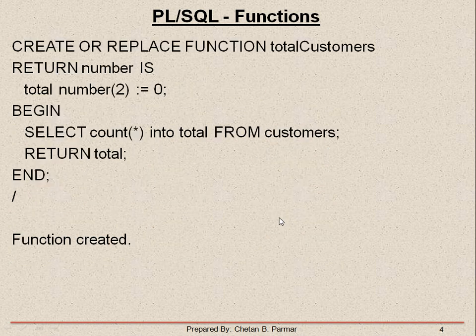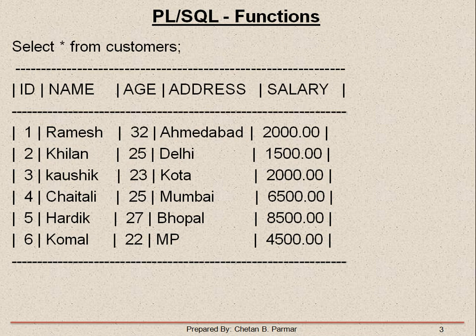Now I am creating a function which will return the total number of customers available in the table. The main aim of the function is counting the total number of customers in the table. We can see there are a total of 6 customers, so it gives 6 as the result.